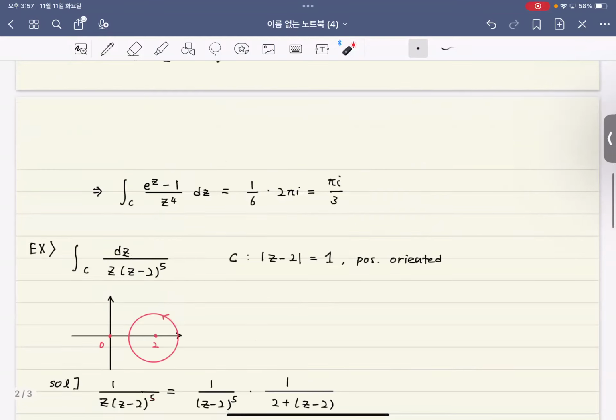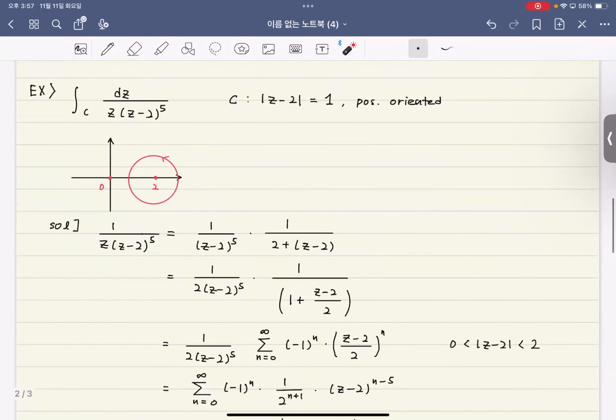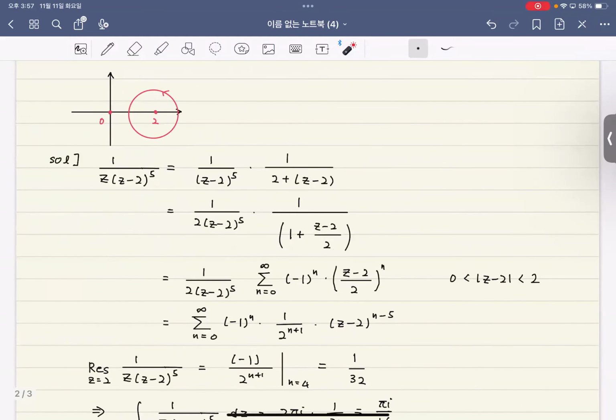What about this case? Here we were talking about the singularity at z equals 2. Just by looking at this principal part, the least power of z minus 2 appears when n equals minus 5, right?